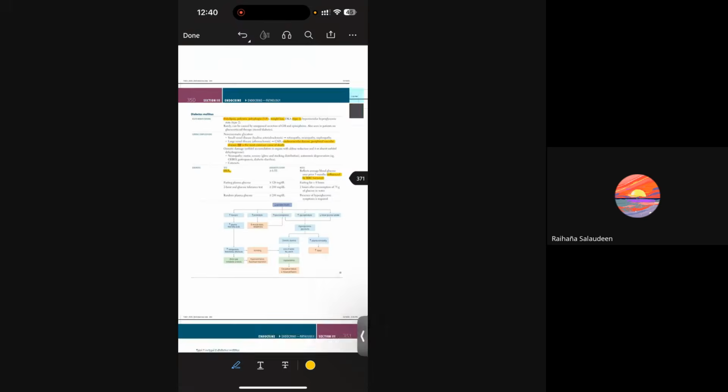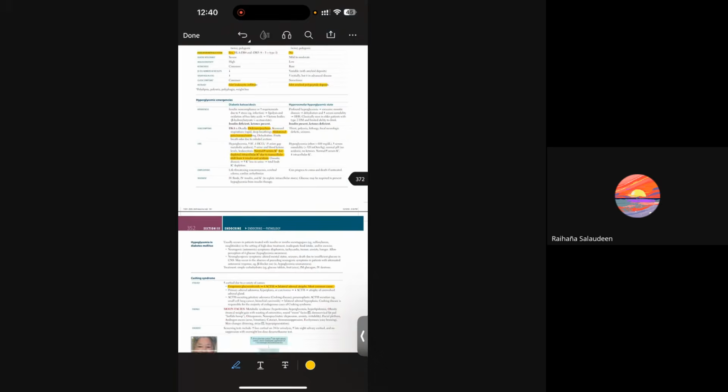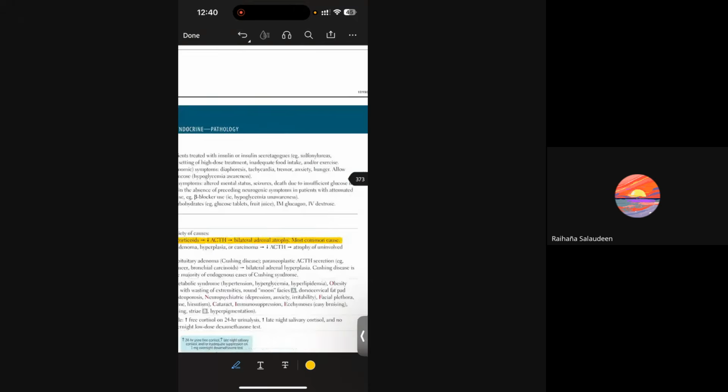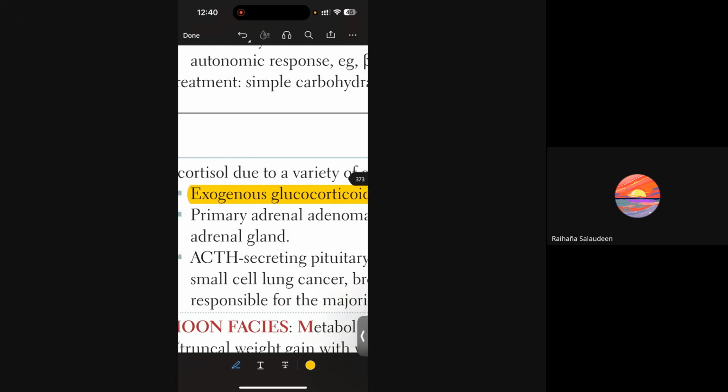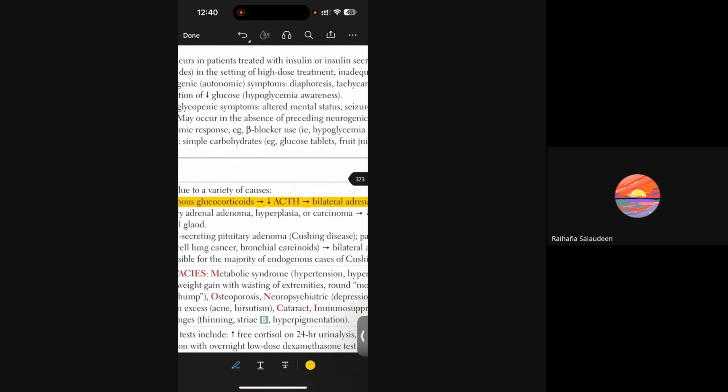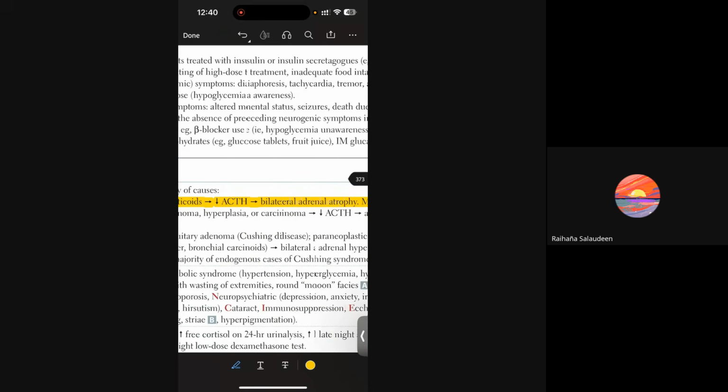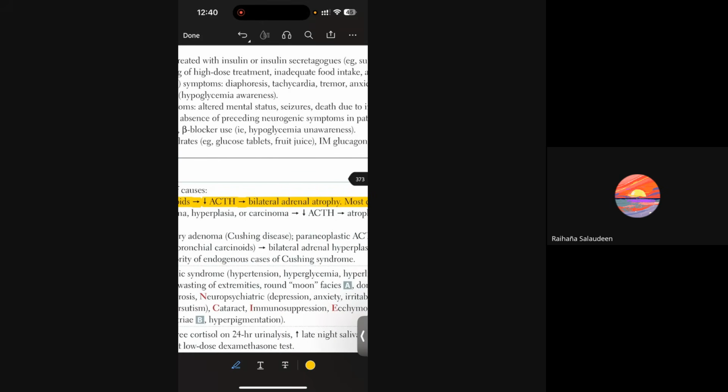Okay. Hypercortisolism, and it is the most common cause of Cushing syndrome. Exogenous glucocorticoids decrease the ACTH, due to which we are going to see bilateral adrenal atrophy.